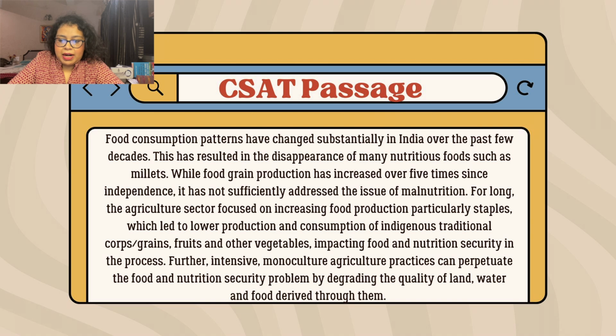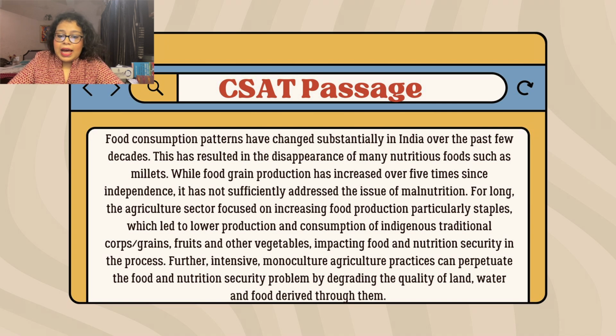Food consumption patterns have changed substantially in India over the past few decades. This has resulted in the disappearance of many nutritious foods such as millets. While food grain production has increased over 5 times since independence, it has not sufficiently addressed the issue of malnutrition.